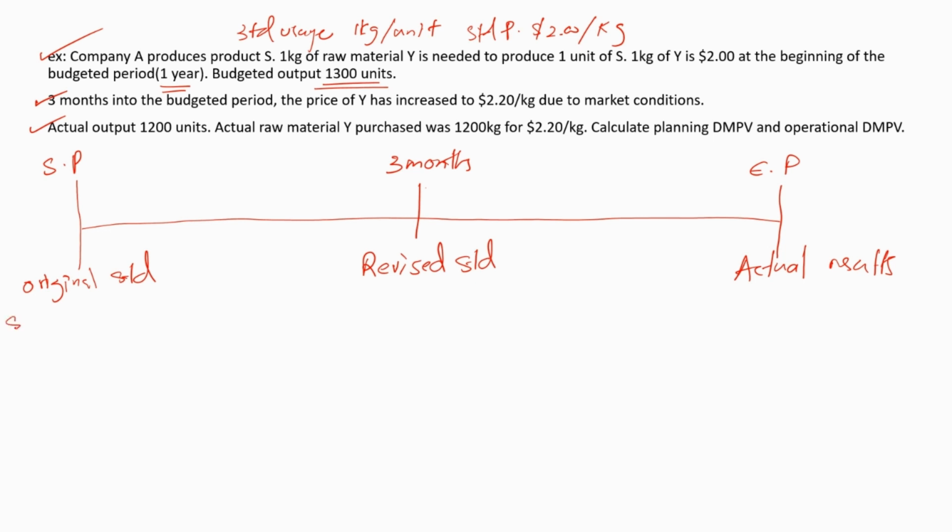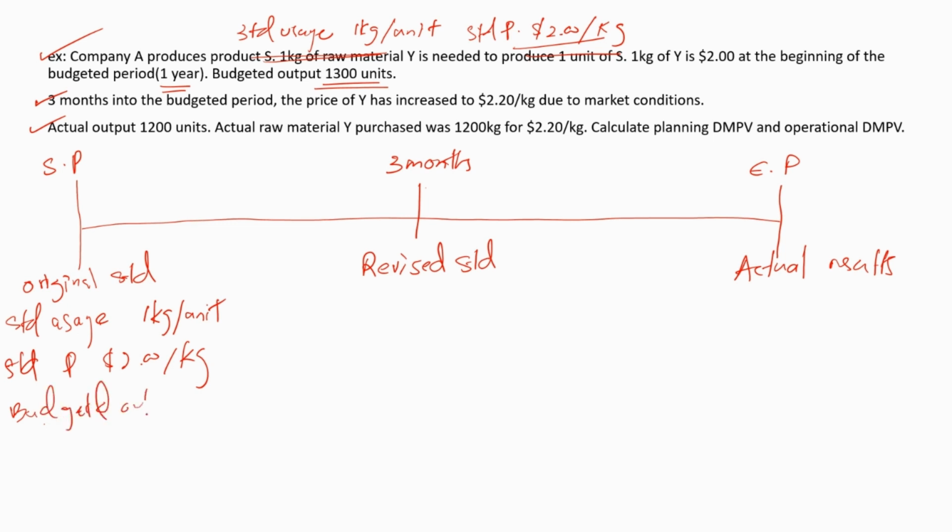Standard usage is equal to 1 kilogram per unit, which is this value here. And then we have the standard price, which is $2 per kilogram, which is this value. And then they have given us the budgeted output, which is 1300 units, which is this value.